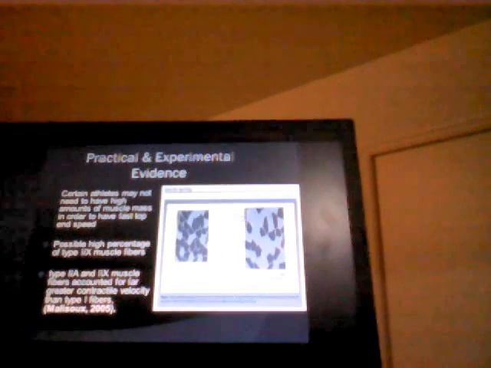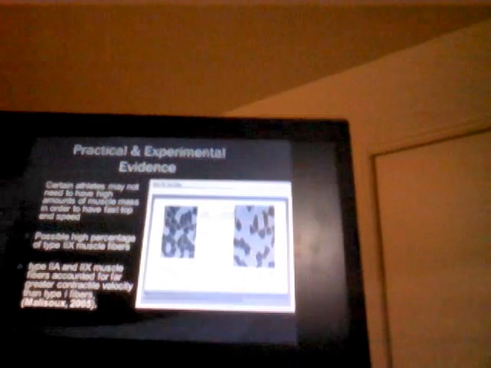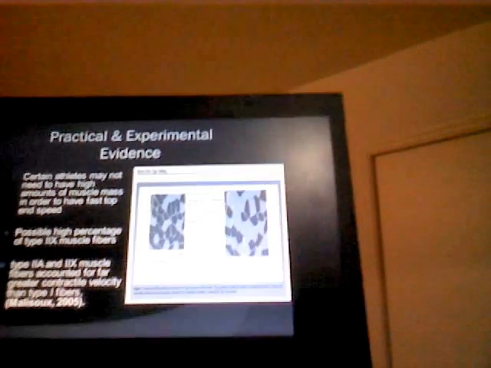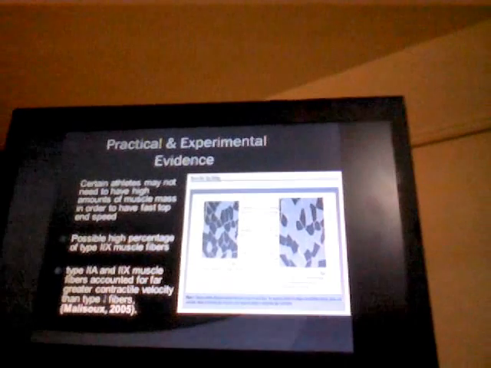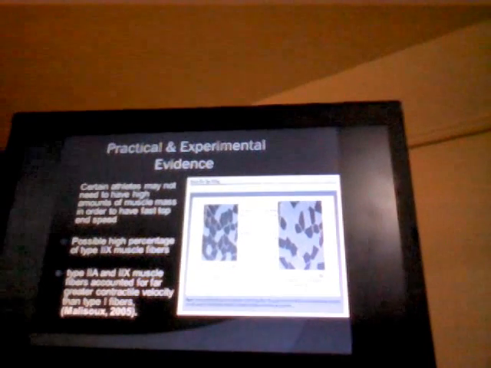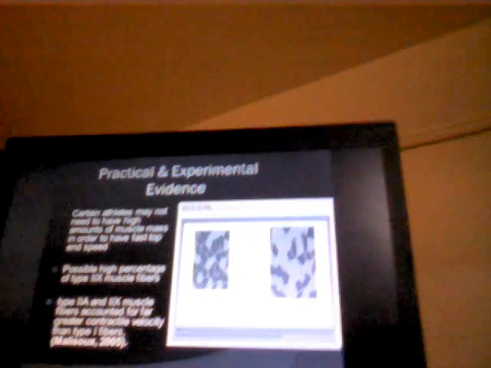So both of those, type 2X and type 2A, have way more muscle contractile velocity capabilities compared to type 1 muscle fibers.